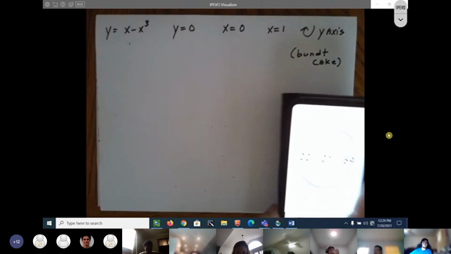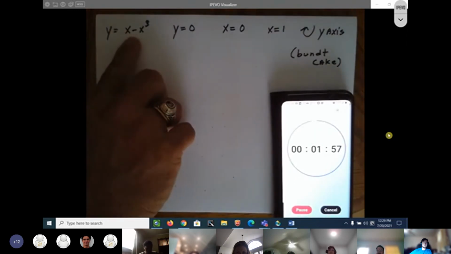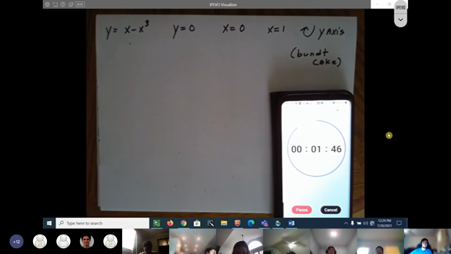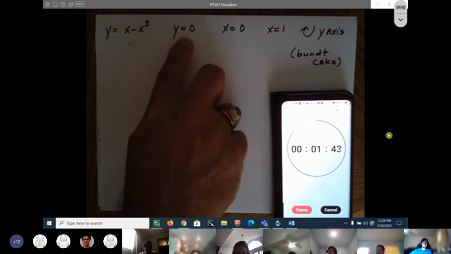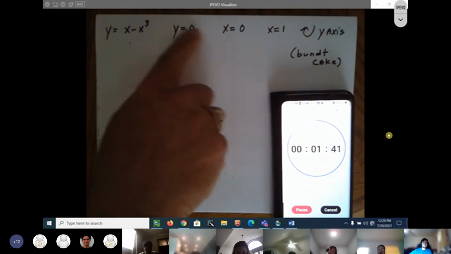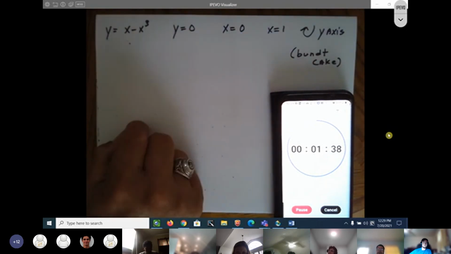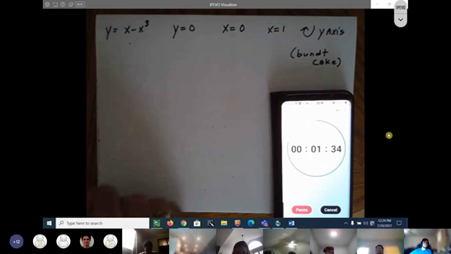And of course, all you need is your graphing calculator to do that, but you could actually do it by sketching, because it's a cubic function and it's negative. I'll let you do it on your calculator if you want to, and draw these out with different colors, and then rotate around the y-axis, and you can start to see the bundt cake that it's going to look like.